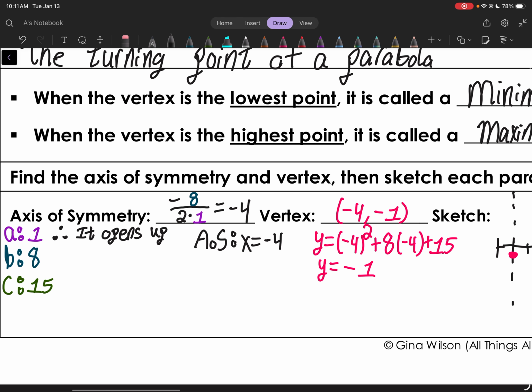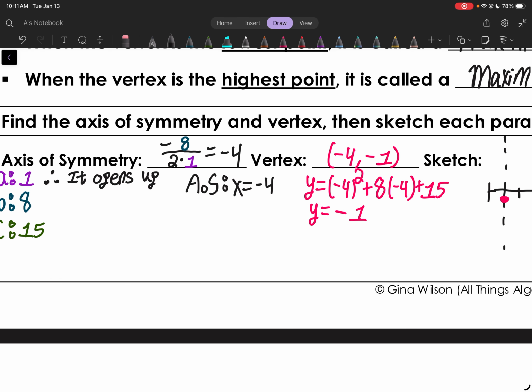Now, for quadratics, my domain is always going to be all real numbers. Or you can write it negative infinity to positive infinity.